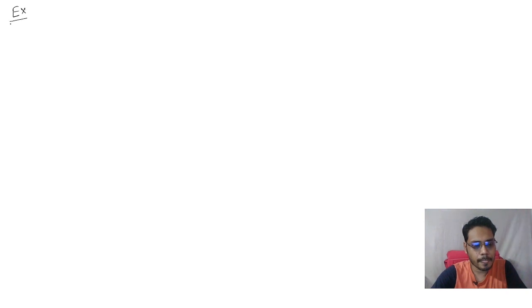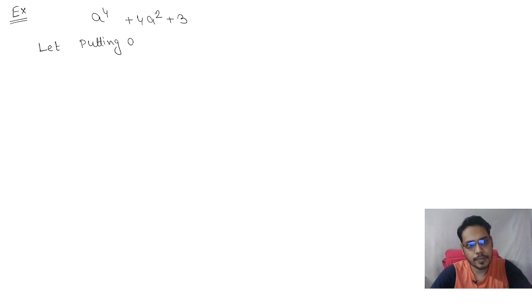New example, that is a raised to the power 4 plus 4a square plus 3. How can we factorize this? So first we have to assume that a square is x.